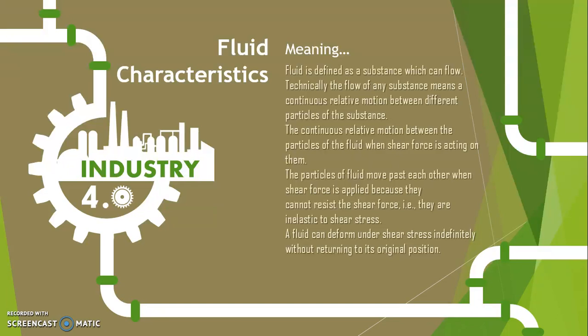The particles of a fluid move past each other when shear force is applied because they cannot resist it. They are inelastic to shear stress, so a fluid can deform under shear stress indefinitely without returning to its original position.